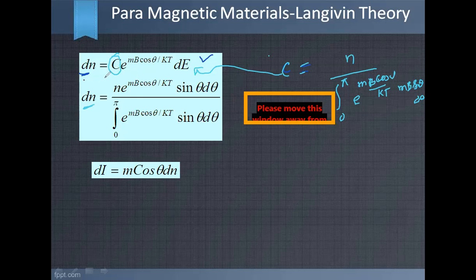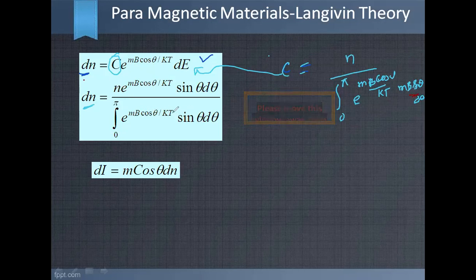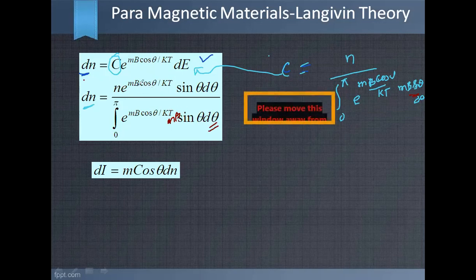So dn is n by the integral of 0 to pi e power mb cos theta by kT, sin theta. Here mb is also there: mb sin theta d theta. Then e power mb cos theta by kT as it is, into d theta. Up to here, okay?